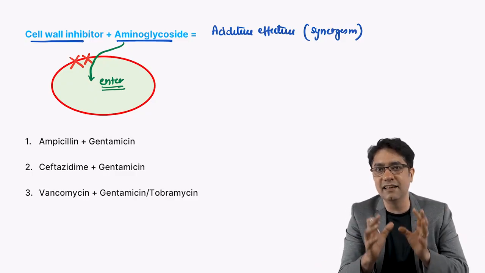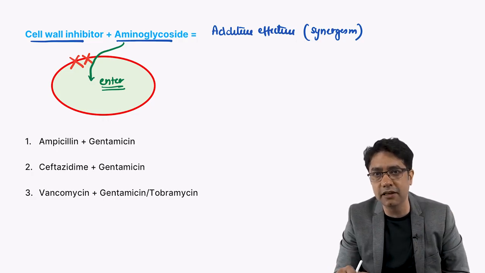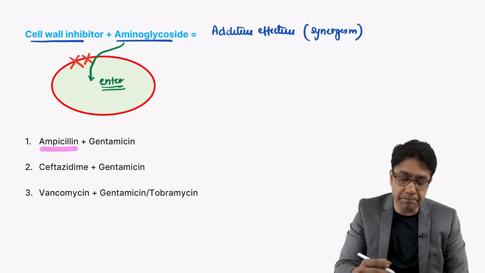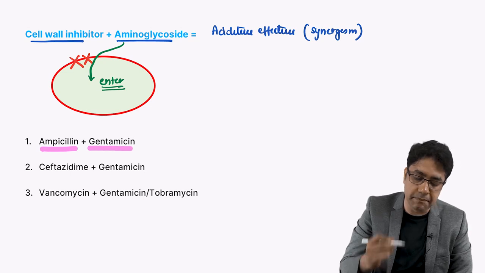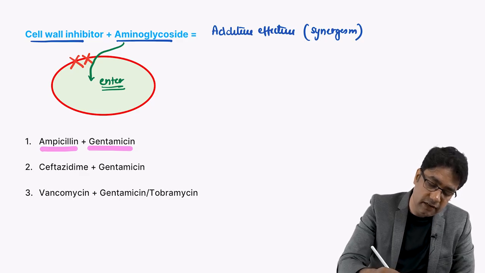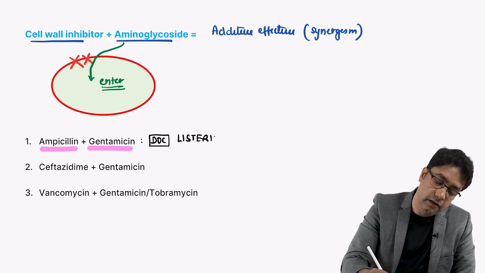So let's see certain combinations which are very effective. The first cell wall inhibitor, a penicillin drug, is ampicillin. Ampicillin is combined with the aminoglycoside gentamicin, and this combination is the drug of choice for one serious infection, Listeria infection.